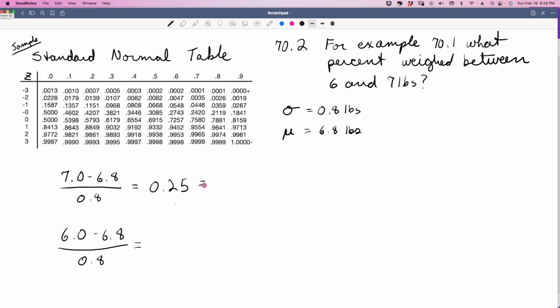We're just going to pull the decimal first. So I'm going to look, let me get my highlighter here, for 0, positive 0, and then 0.25. Let's see.